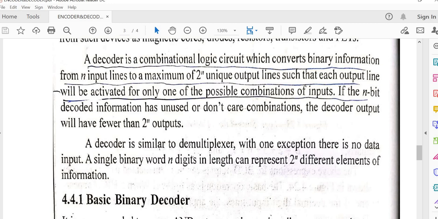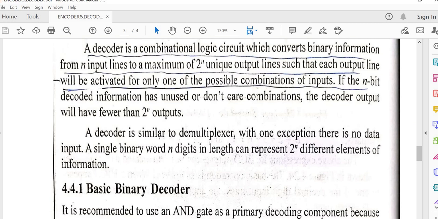The outputs of the decoder are nothing but the minterms of the n input variables when it is enabled. If the n-bit decoded information has unused combinations, the decoder output will have fewer than 2 to the power n output lines.